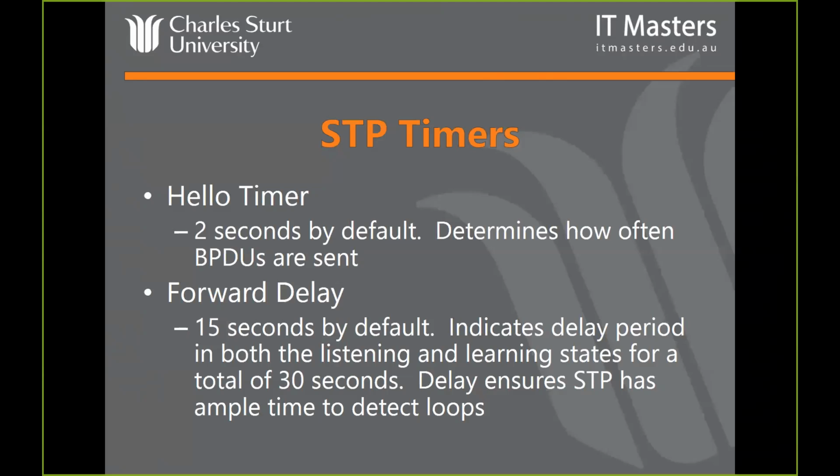After 15 seconds, it will go into learning mode. After another 15 seconds, it'll go into full-on forwarding mode. So 30 seconds. That's in standard spanning tree. Rapid spanning tree is different, but again, that's a discussion for a different day. So this delay is simply built in to ensure that spanning tree protocol has plenty of time to detect any loops that may be there.